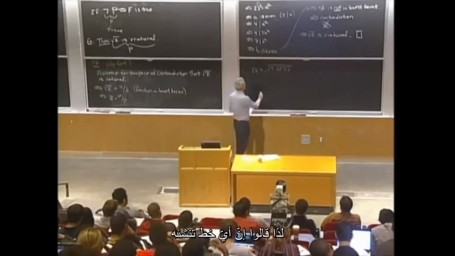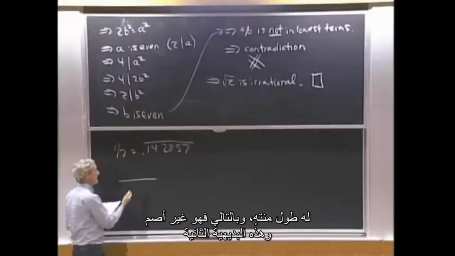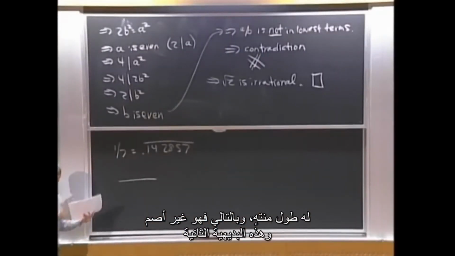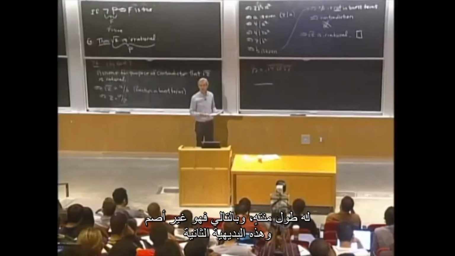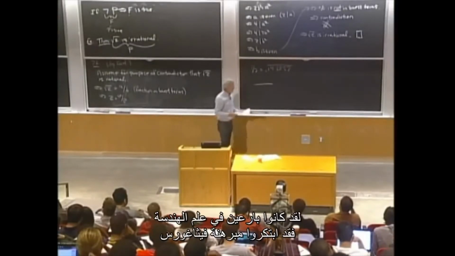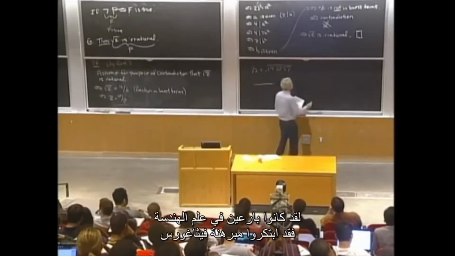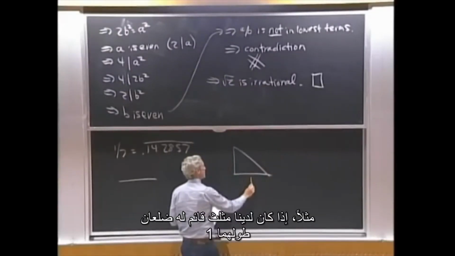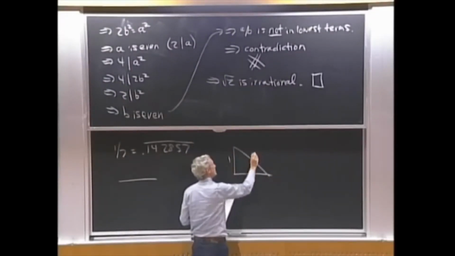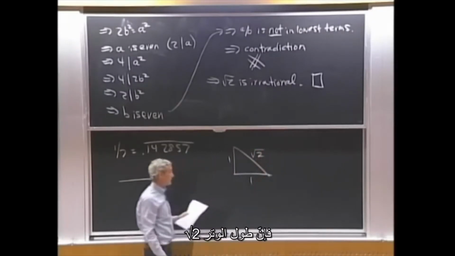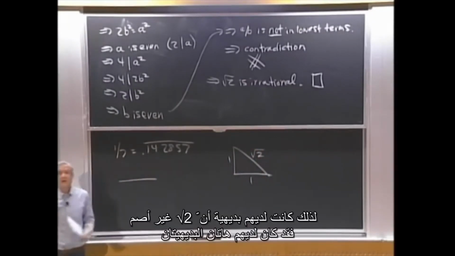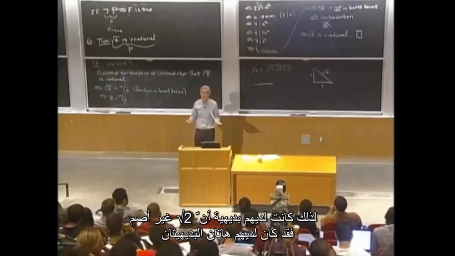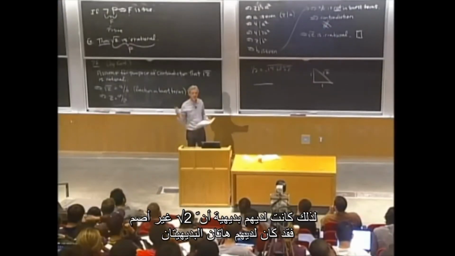So they said any line that you can construct has a finite length to it, so therefore it has a rational length. That was axiom number 2. Now, they were good geometers, so they developed the Pythagorean theorem, that if you took a triangle and you had side lengths 1, the length of the hypotenuse was square root 2. Therefore, they had a theorem that said square root 2 was rational, because you got the two axioms there, right?